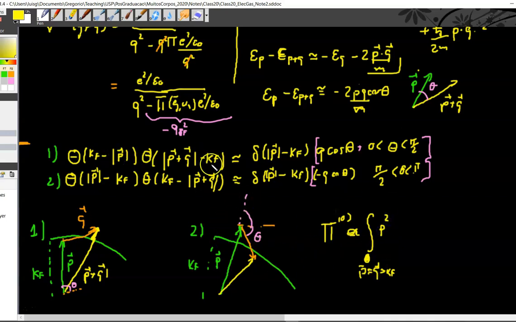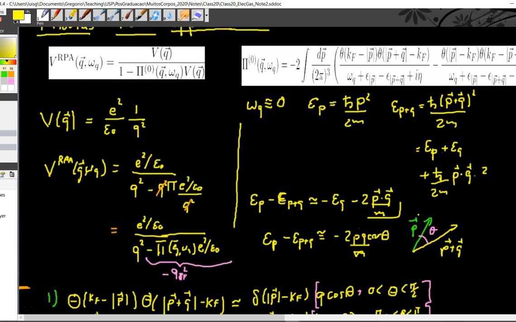I have this constraint here, P dP, and there's this integral in cosine of theta, and in the denominator, this would be the same sign, so I can add them up.